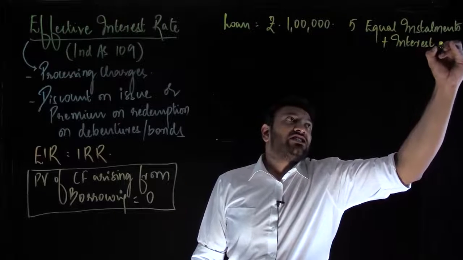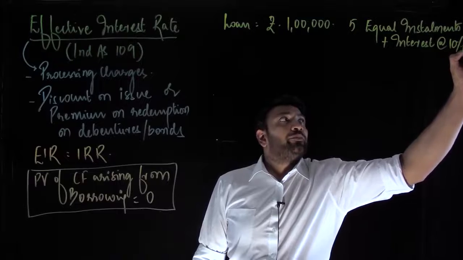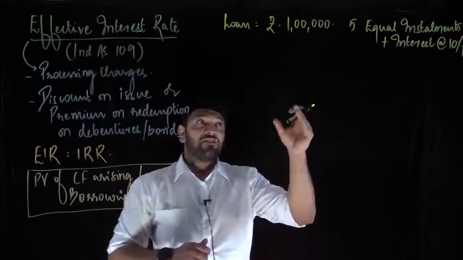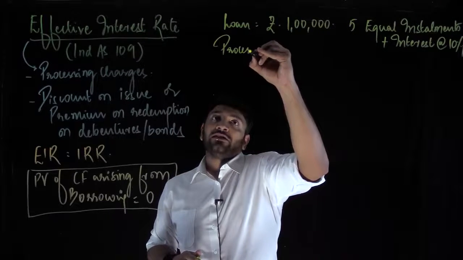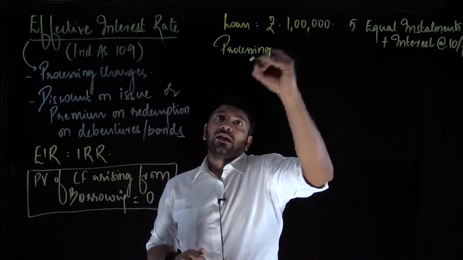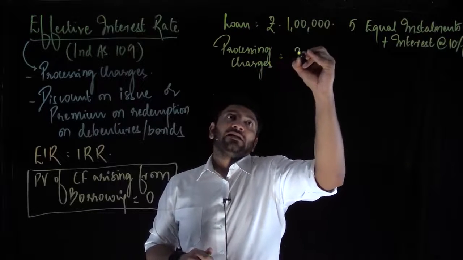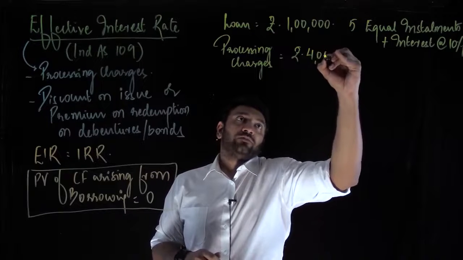Such interest is charged at the rate of, let's say, 10% per annum. Let's say certain processing charges I will deduct, and let's say the processing charges were about 4,000.